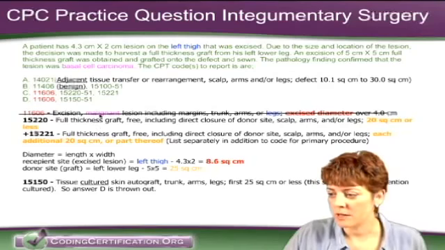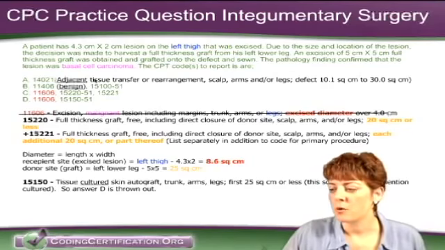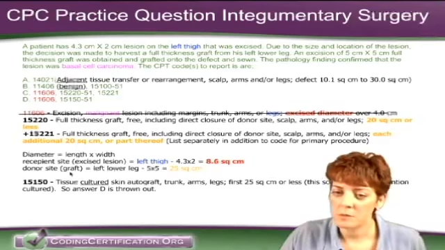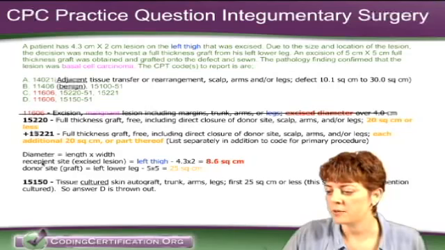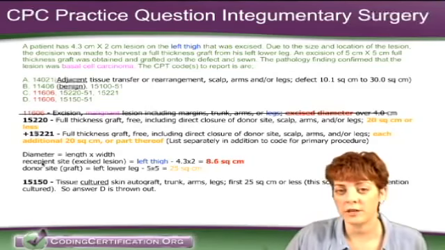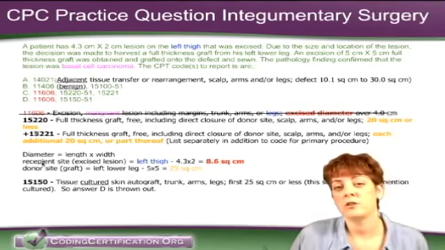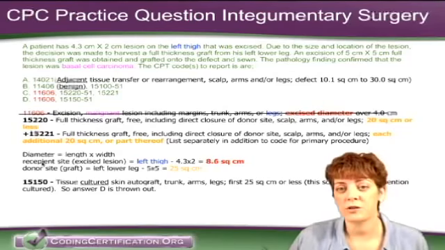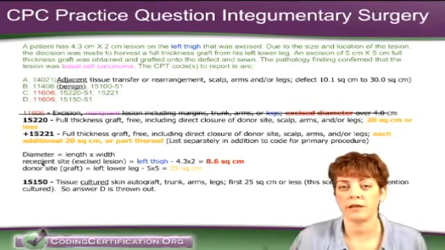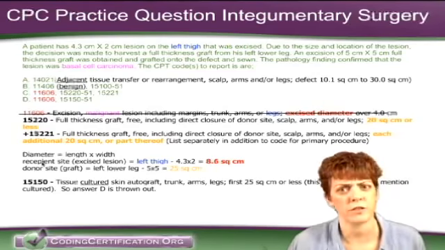So we can see that malignant matches because it was a basal cell carcinoma, and that it was of the legs, left thigh, that was excised, okay? So we've got that. Now, the question was specific to how to handle the square centimeters in that. So what I did was, with grafting, you normally have to identify the recipient site and the donor site if it's an autograft, meaning coming from the patient, versus an allograft, which is coming from like a cadaver or a live donor, but normally live people don't donate their skin.